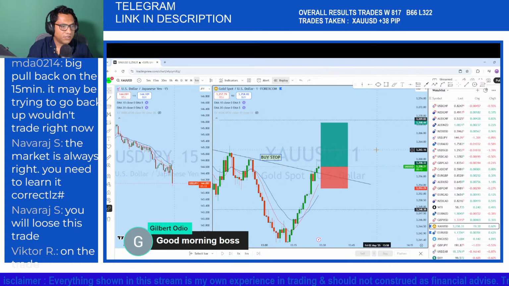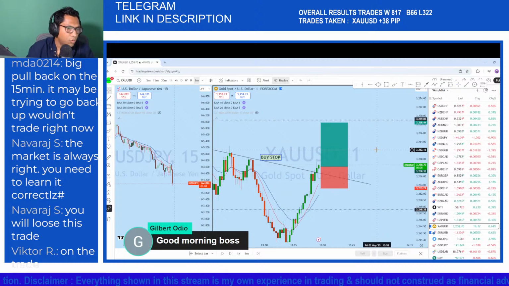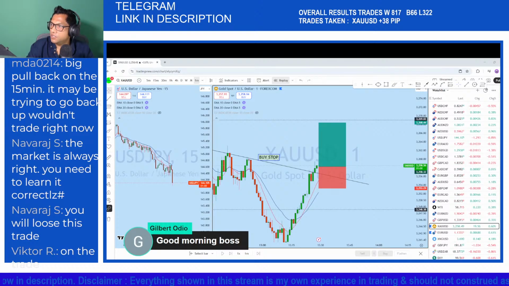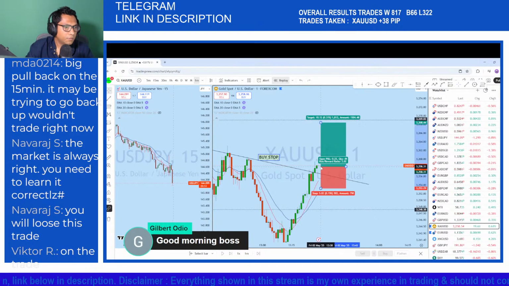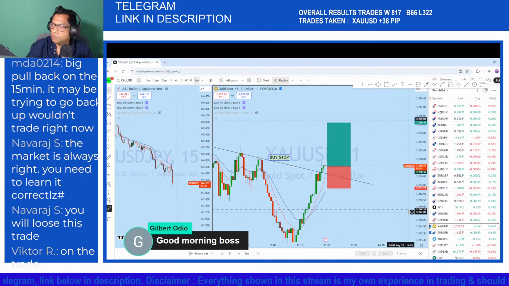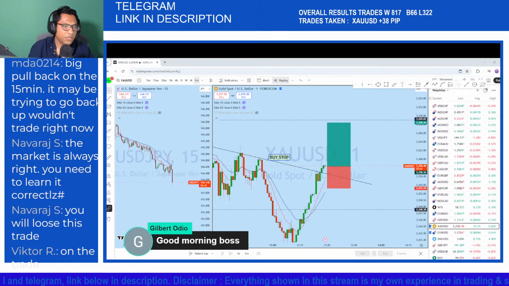The bias still looks bullish. If it bounces, then we might see a quick move back to the upside. It's a very tight stop loss. I'm ready to manage the trade accordingly, but still holding it.